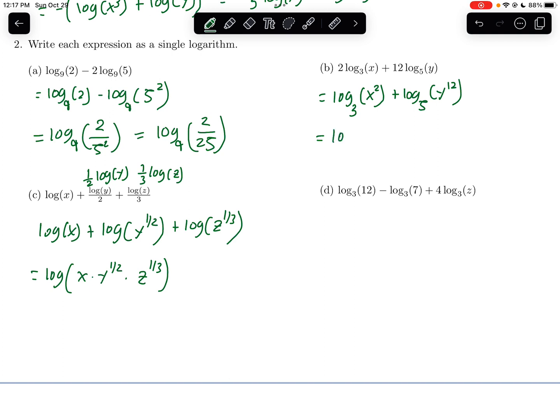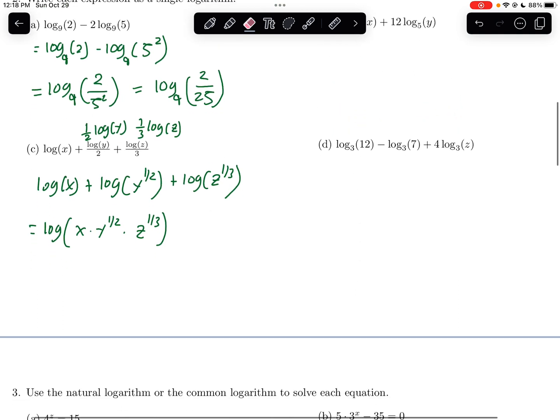So you could write this as log of x squared divided by log of 3, where this is now base 10, right? There's no subscript. And then you can write this as y to the 12th over log of 5. But I don't think that was the point here. I think the point was to say that this cannot really be simplified much more, because even this is not really helpful. So I'm going to erase that.